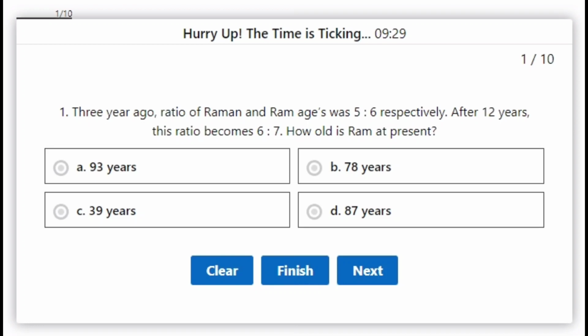Our first question is: 3 years ago, the ratio of Raman and Ram's ages was 5:6 respectively. After 12 years, this ratio becomes 6:7. How old is Ram at present?